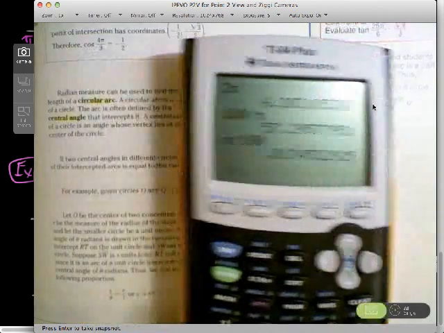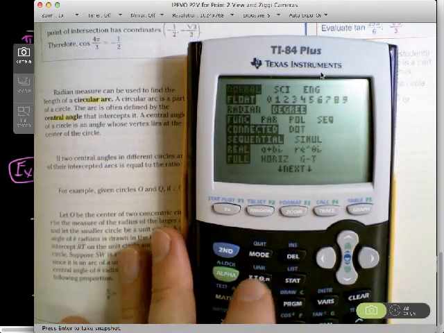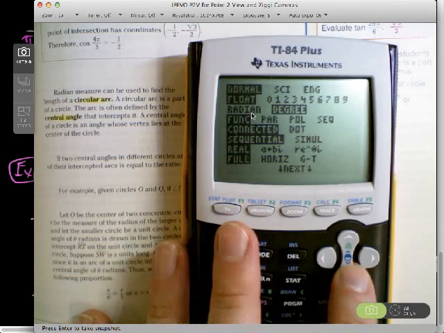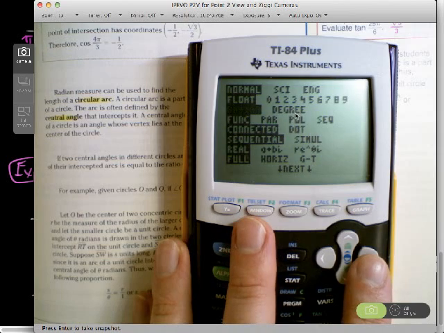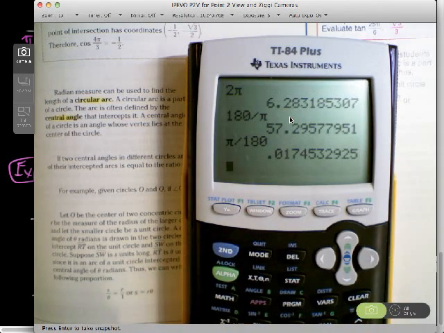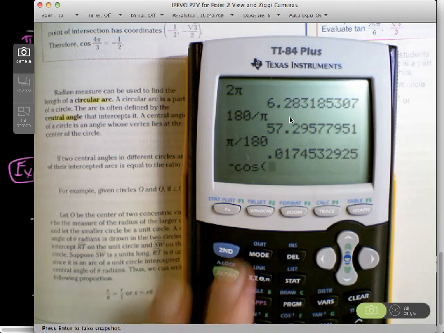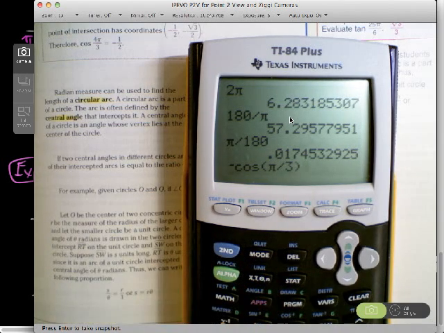So here's my calculator. Let me hit mode. Now the first thing I'm going to have to do is make sure I'm in radian mode and not degree mode. So the moment I'm entering in radians, it has to be able to communicate in that mode. So I wanted to calculate the negative cosine of pi divided by 3, and I'd have to close parentheses on that.